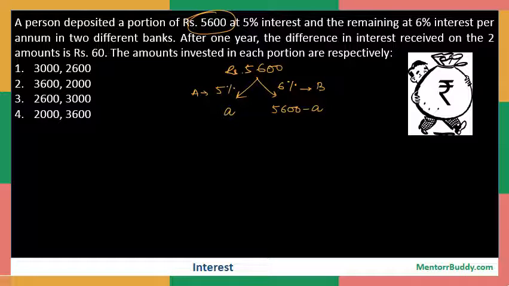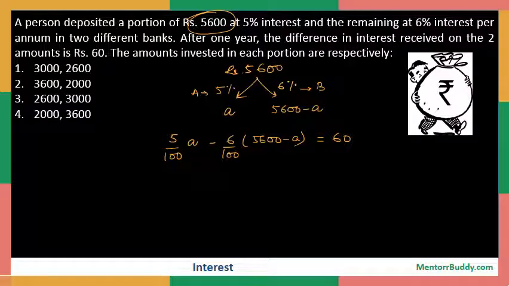So let us figure out, if there is 5% interest on amount A, I can write it as 5% of A. Similarly, if there is 6% on the remaining amount, I can write it as 6% on 5600 minus A. The difference between these two values should be equal to rupees 60.